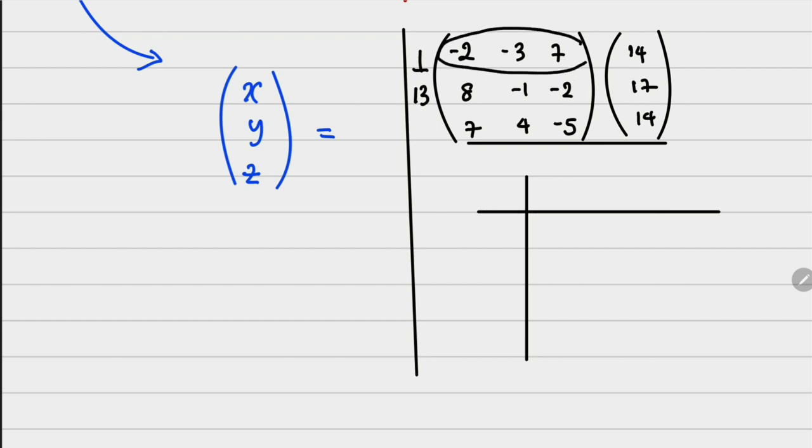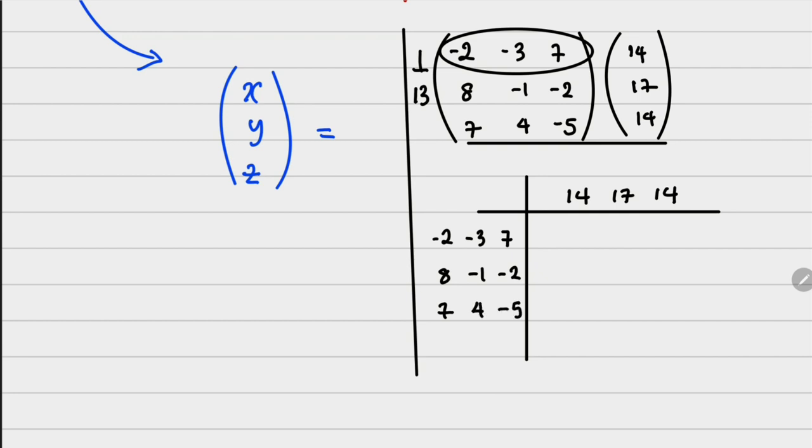So I'll pick this row, so that I'm going to have minus 2, minus 3, and 7. Of course, in this I have 14, 17, and 14. I'll pick the next one, which is 8, minus 1, minus 2. Then I pick 7, 4, minus 5.